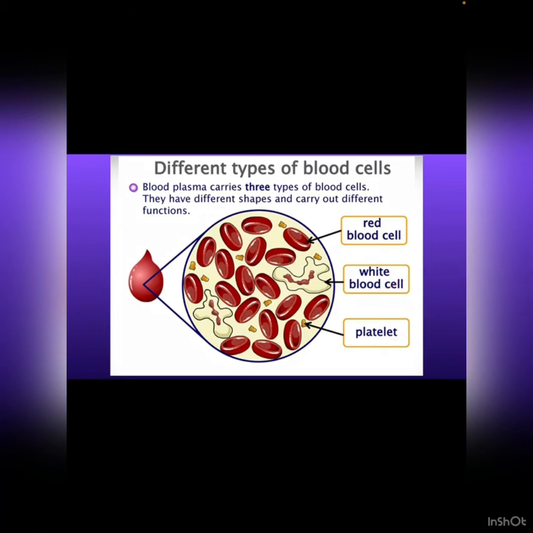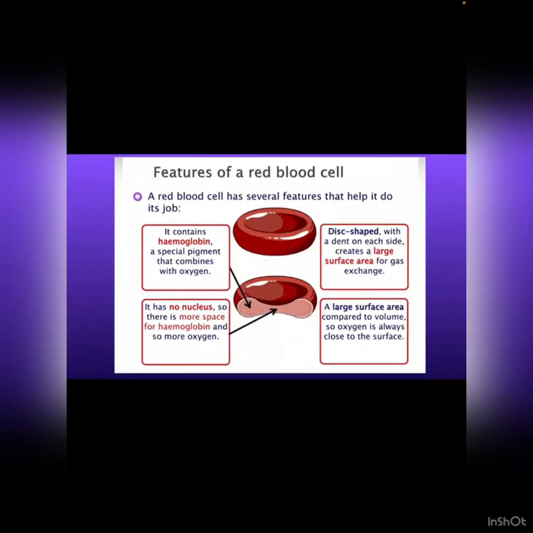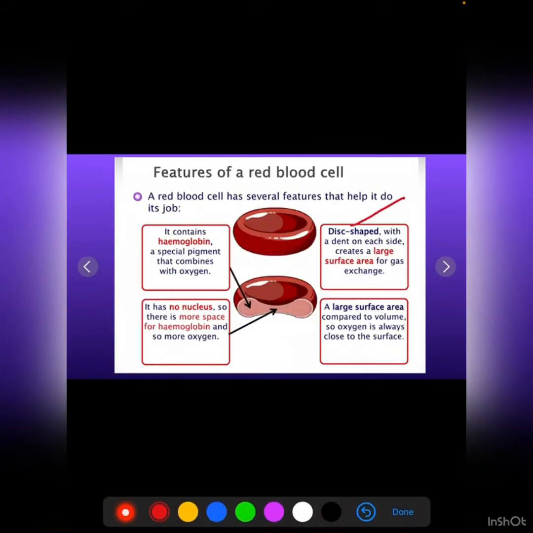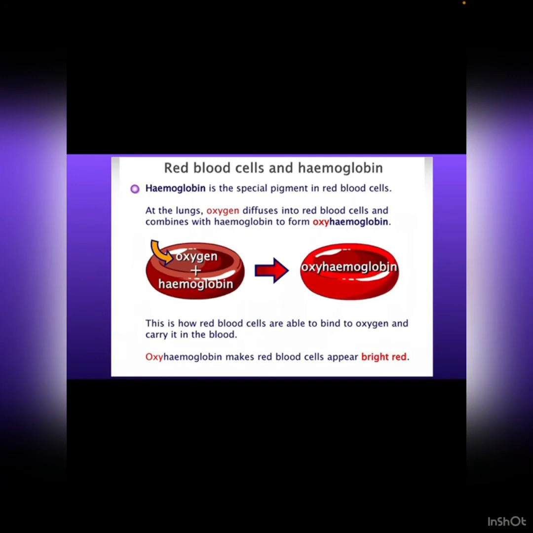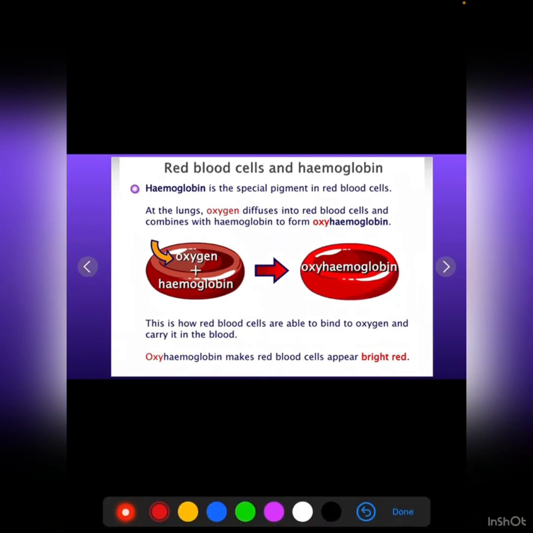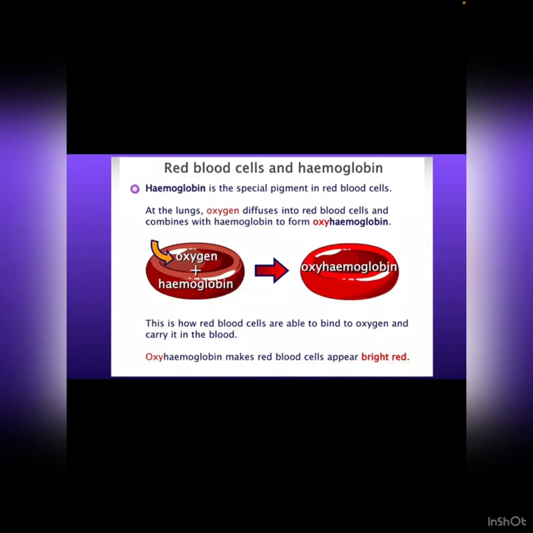Red blood cells are disc shaped and contain a red pigment known as hemoglobin that combines with oxygen to form oxyhemoglobin, and oxyhemoglobin makes the red blood cells appear bright.